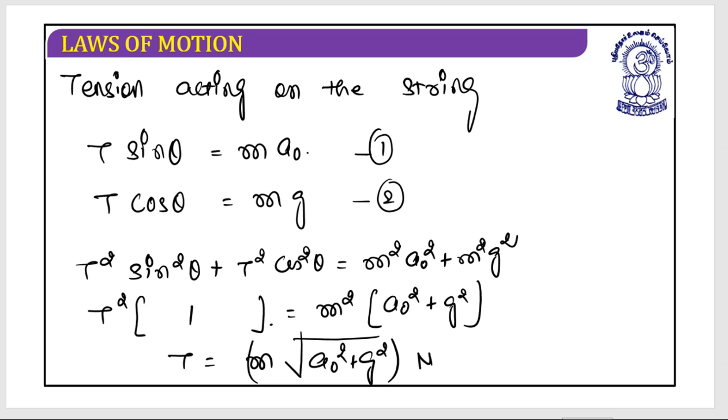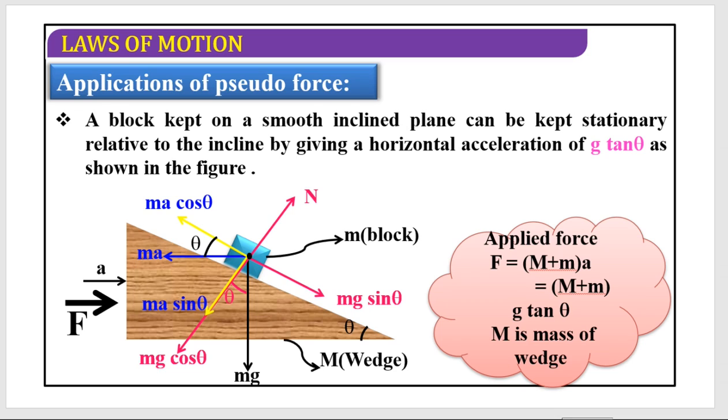Completely, great. Now let's look at a second and very famous application of the pseudo force. This is very important, one of the favorite applications of examiners. Now look at this. What does it say?